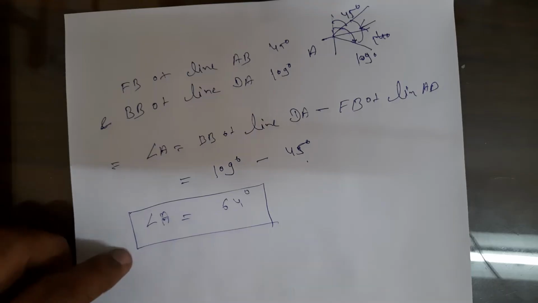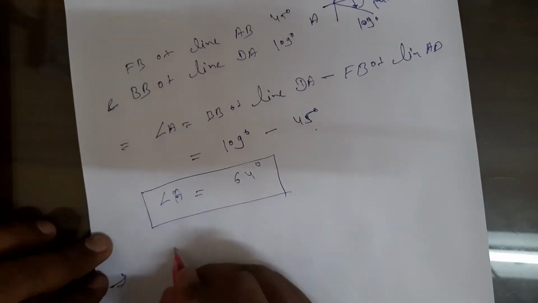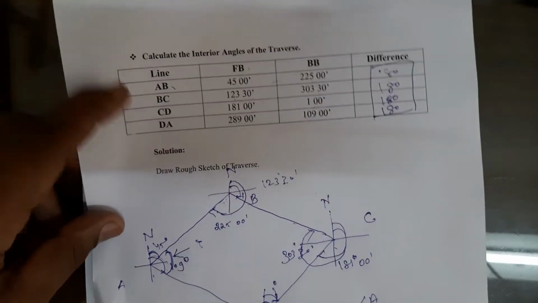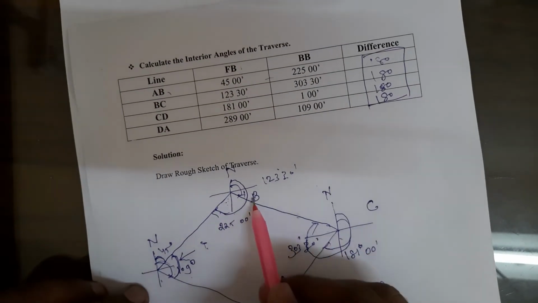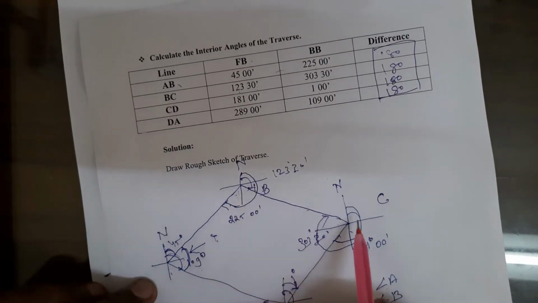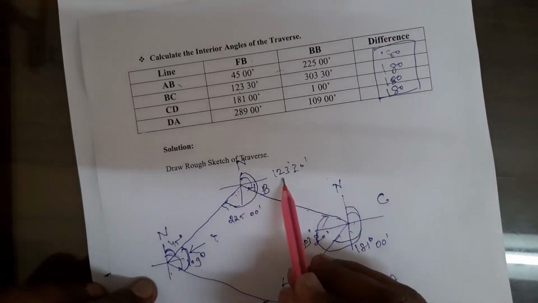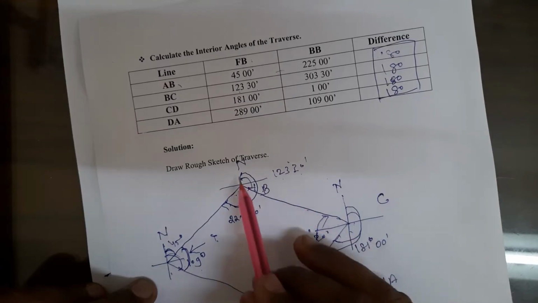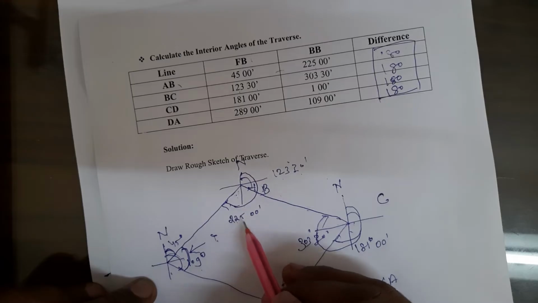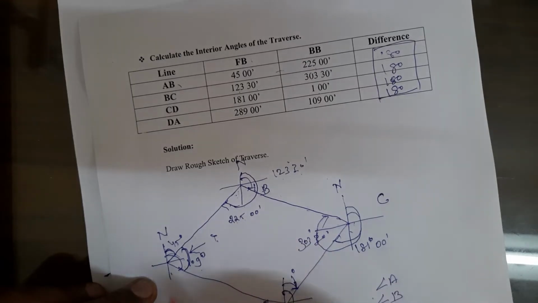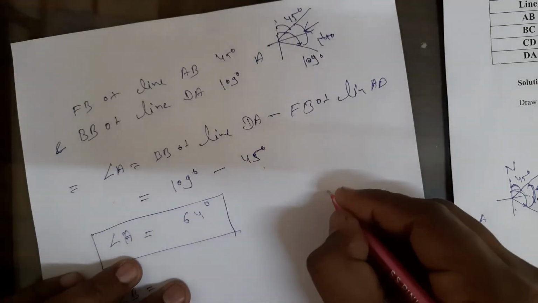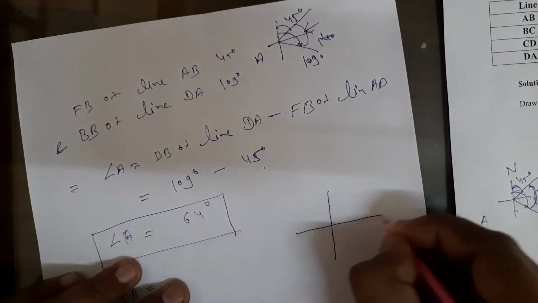Now for angle B. So using this drawing once again, how do you find angle B? You have the forebearing of line BC, which is equal to 123 degree 30 minutes, and the back bearing of line AB is equal to 225. So draw the angle.